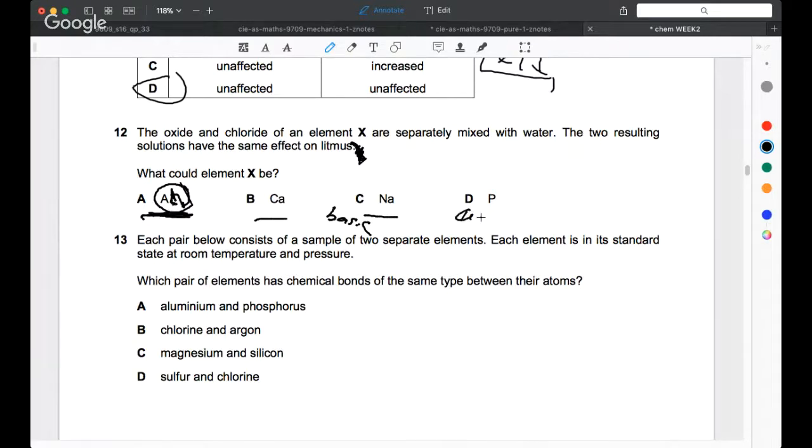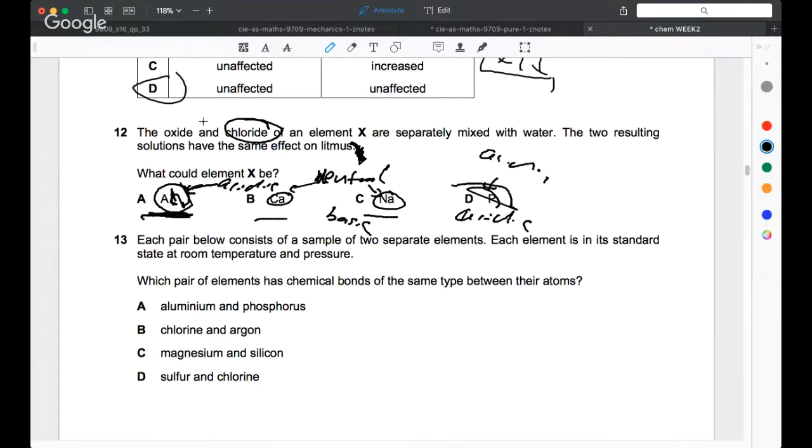The oxide of phosphorus is acidic, and its chloride is also acidic. So in all four of them, only the phosphorus oxide and chloride have the same acid-base property, so they would have the same effect on litmus.